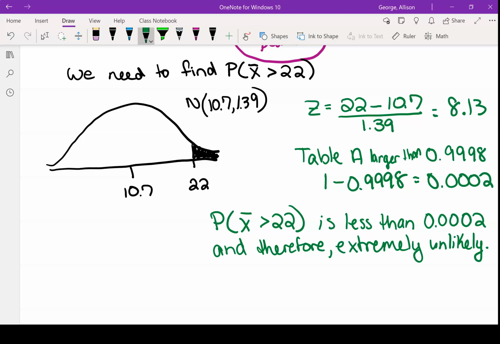So the probability that we're going to get a sample of 5 backpacks that has an average weight of 22 is really, really low.